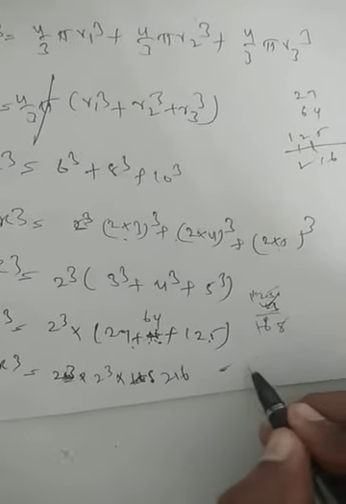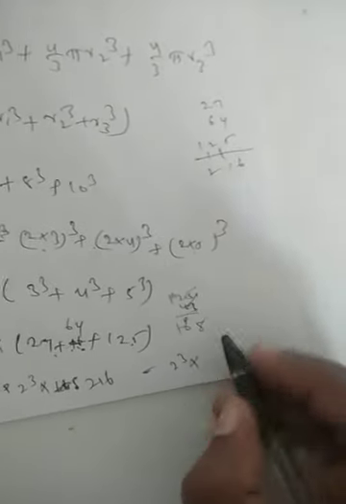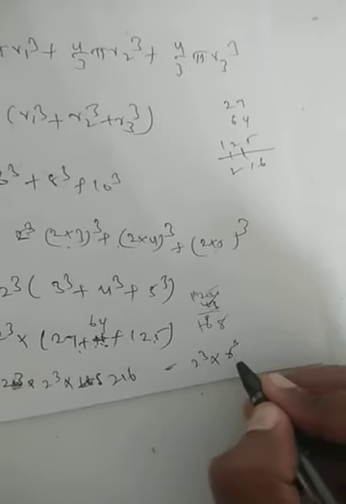So this can be given as 2 cube into 216, and 216 is 6 into 6 into 6, 6 cube.